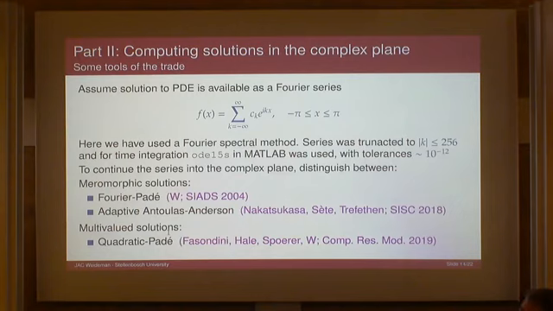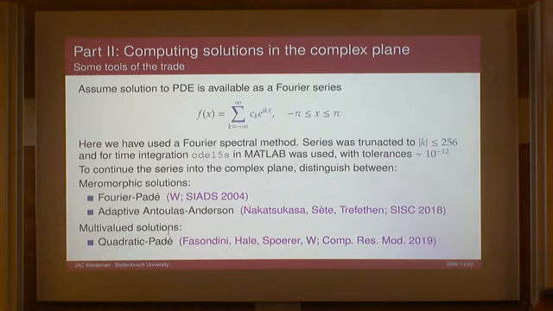There's a new method by Nick Trefethen and Yuji Nakatsukasa and Olivier Sète, which is very different from Fourier-Padé. It's based on the barycentric formula for trigonometric interpolation. And it seems to be promising, but I need to do more experiments to really say which of these methods work the best for this particular case of moving into the complex plane.